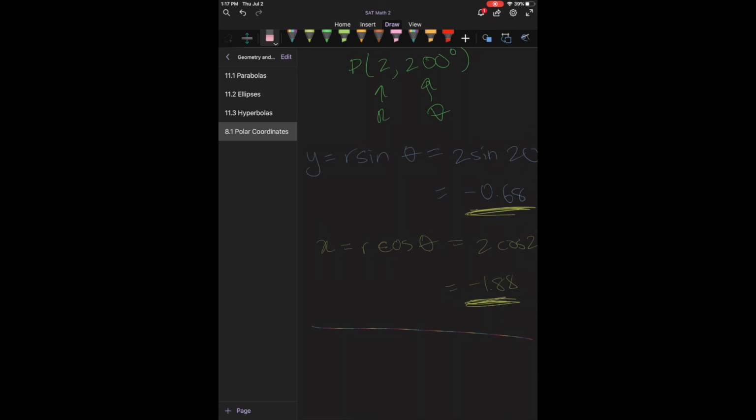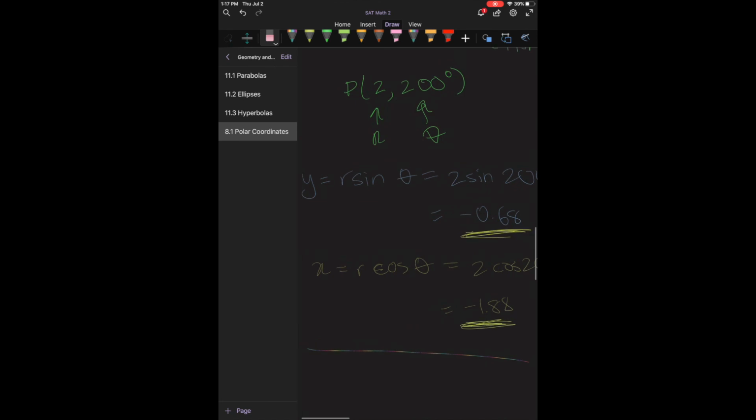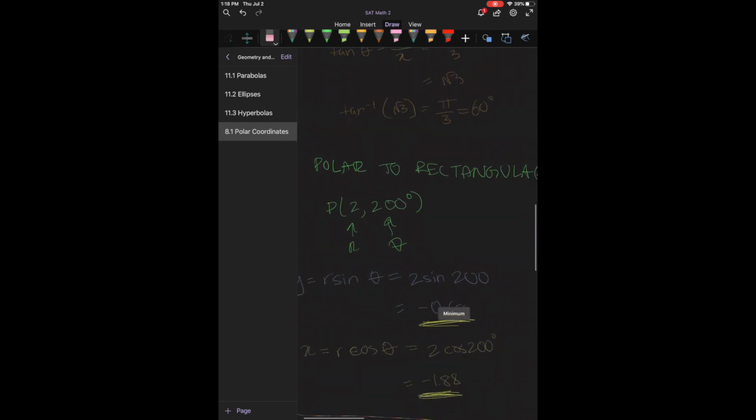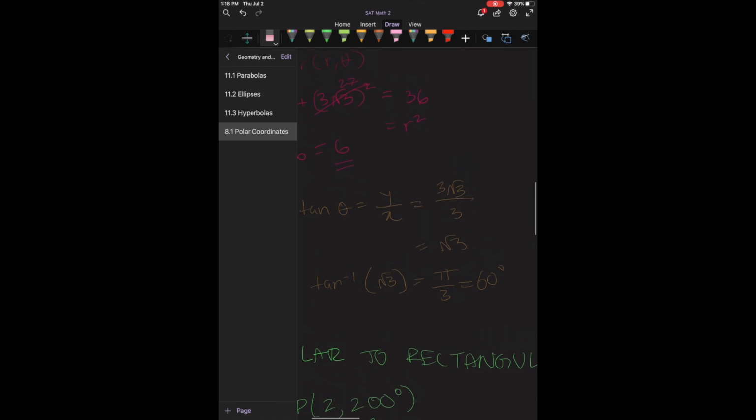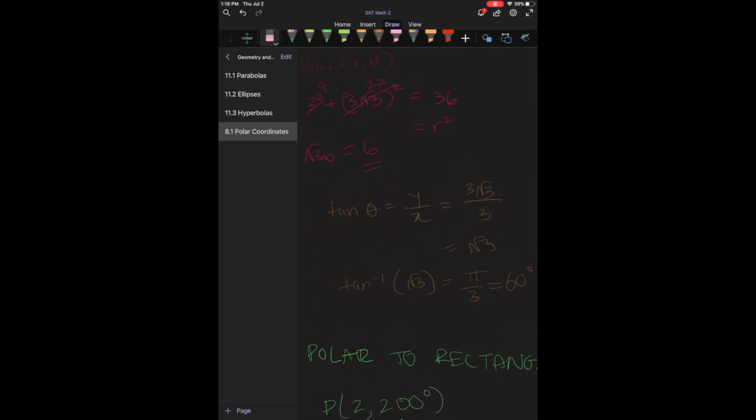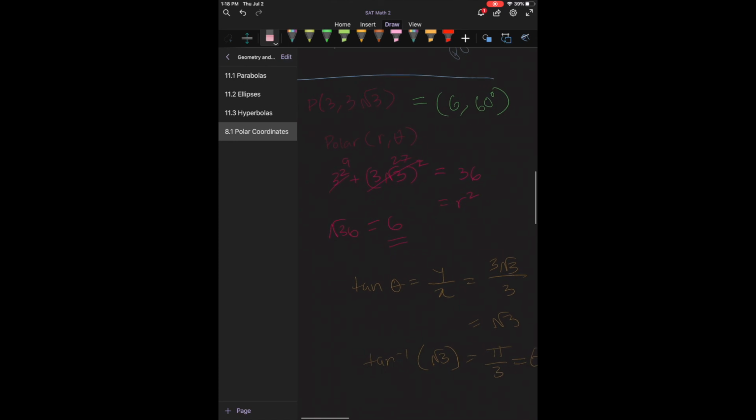We talked about how y equals r sine theta. We talked about how x equals r cosine theta. We talked about how to convert from polar to rectangular and rectangular to polar. We talked about the formula tangent theta equals y over x. And how instead of the x and y coordinates that we're all used to, polar coordinates use the distance between the origin and the point and the angle between the right and the axes.